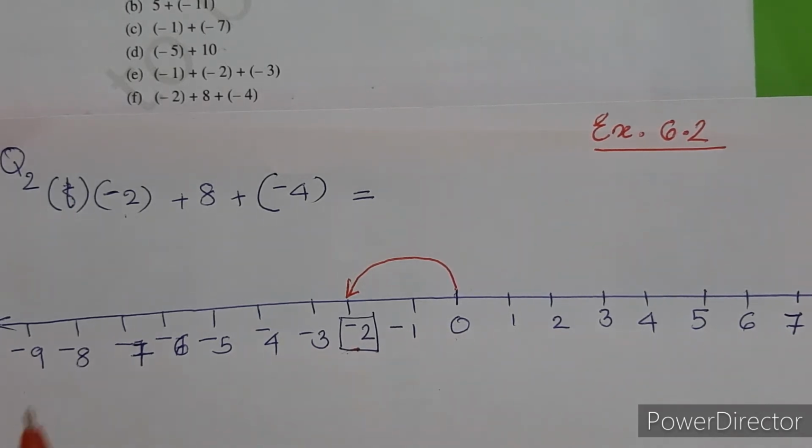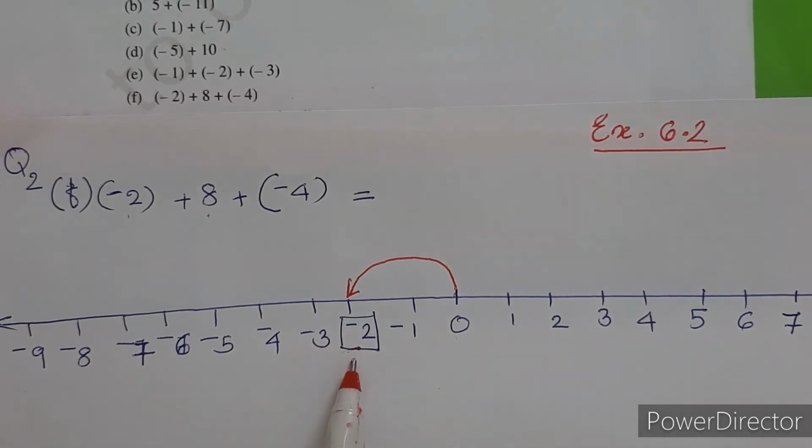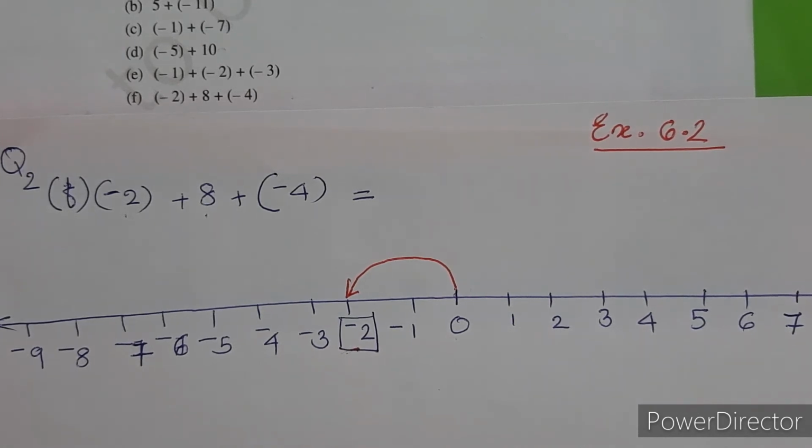Now we move on to the second integer, that is 8. That is a positive integer. So obviously we move in the right direction from the starting point, that is minus 2, on the number line. So 8 points we move to the right because it is a positive integer, right?